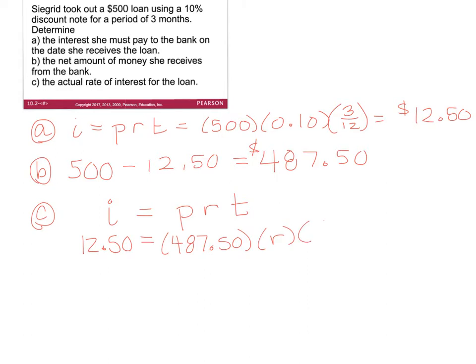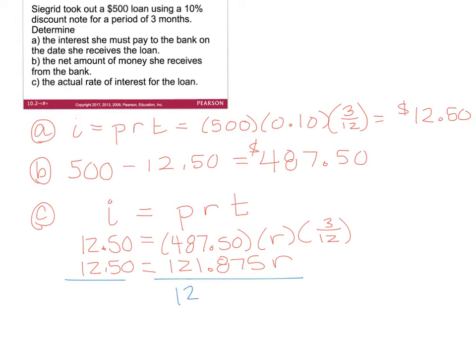But she is only borrowing the money for 3 months of the year. So if it was me, I would go to my right-hand side and I would multiply 487.50 times 3/12. And that's going to give you 121.875 on the right-hand side being multiplied to R. So you have to get R alone, so we need to divide each side.